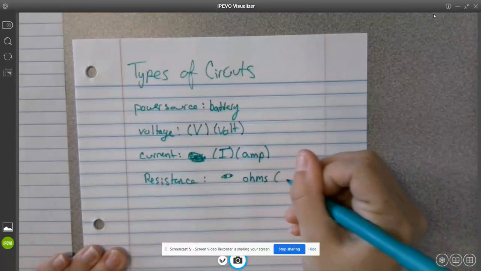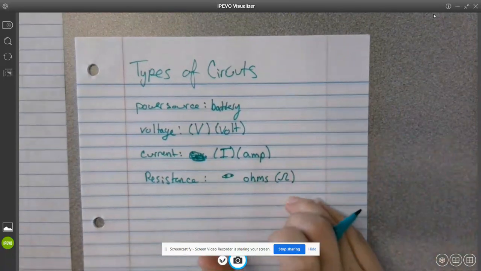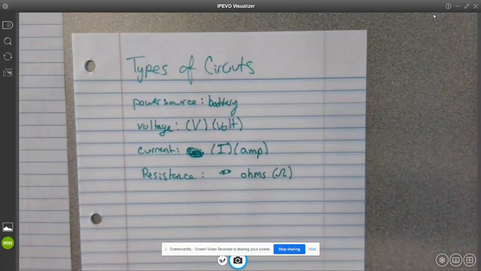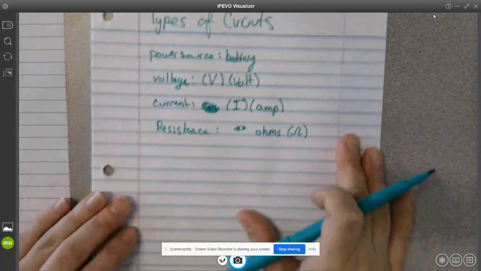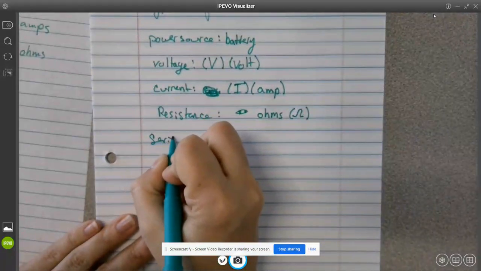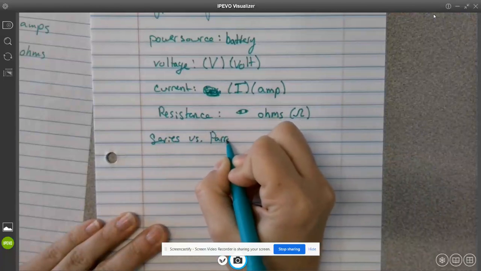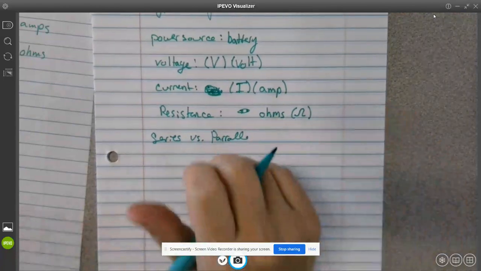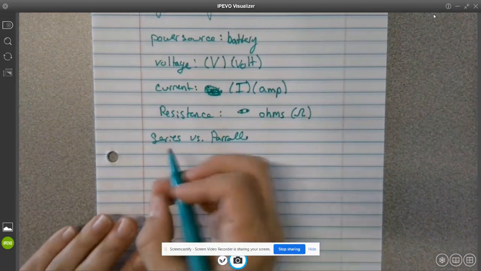Ohms have this upside down horseshoe symbol that we denote it with. You are going to have two different types of circuits: a series and a parallel. I know I butchered that word, so I do apologize in advance.